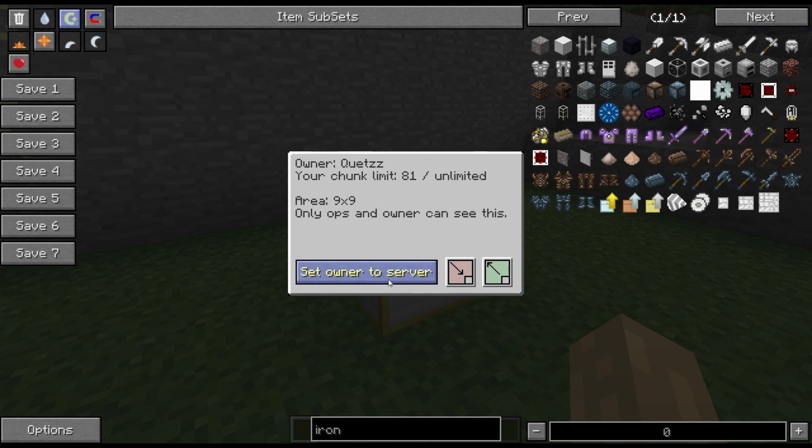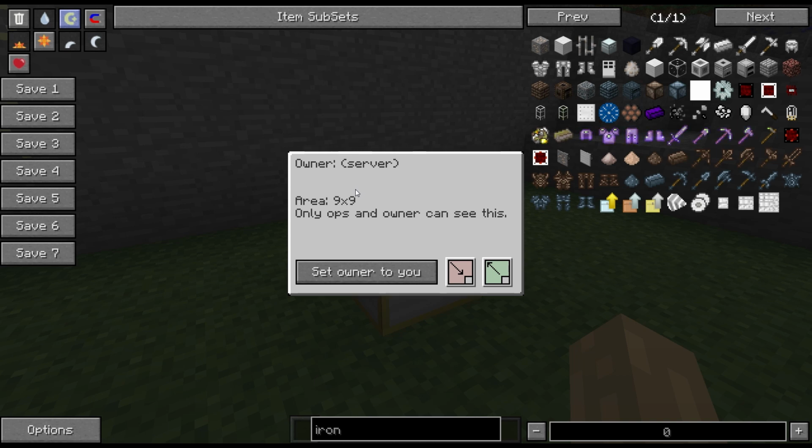We've also got another button down here which will allow us to set the owner to the server. That way it's going to keep it loaded even if you're not around. Otherwise, what will happen is when you log off, your chunks will unload, which is important to note if you're on a server.